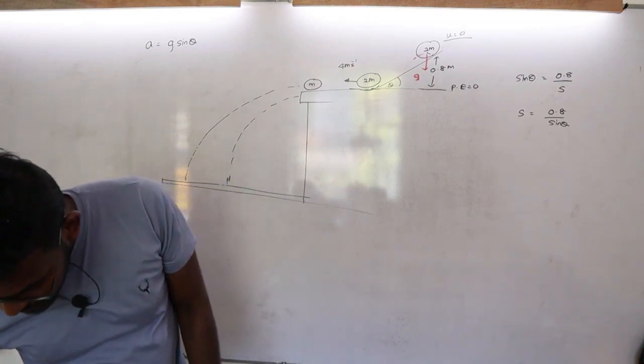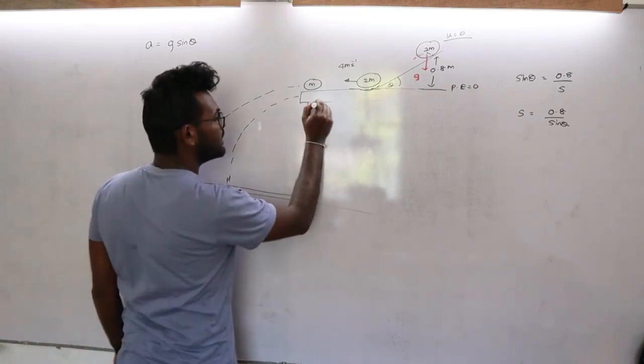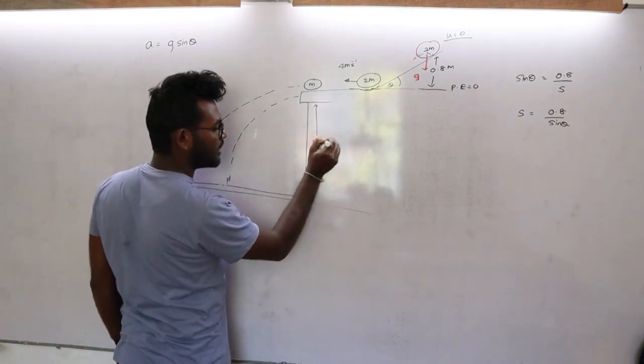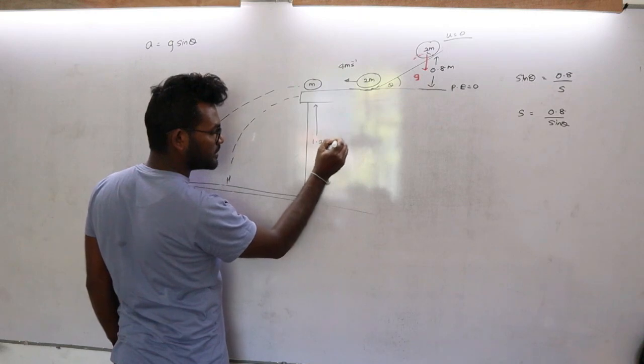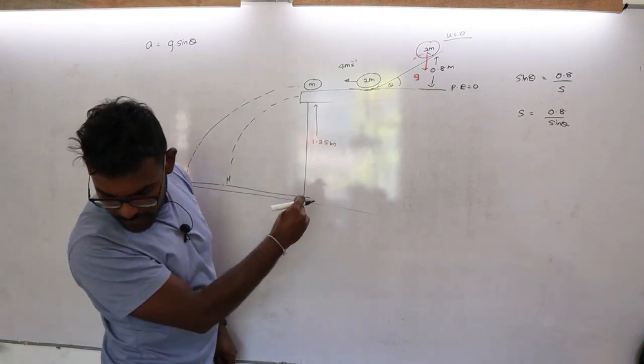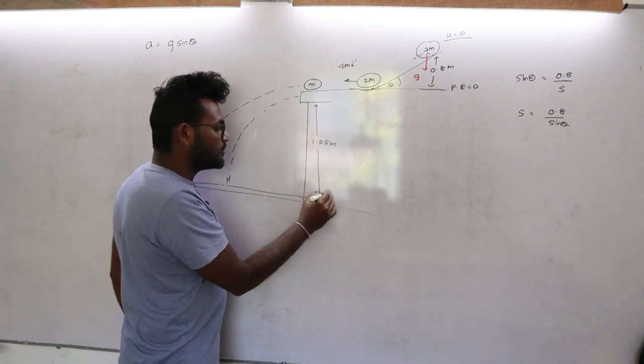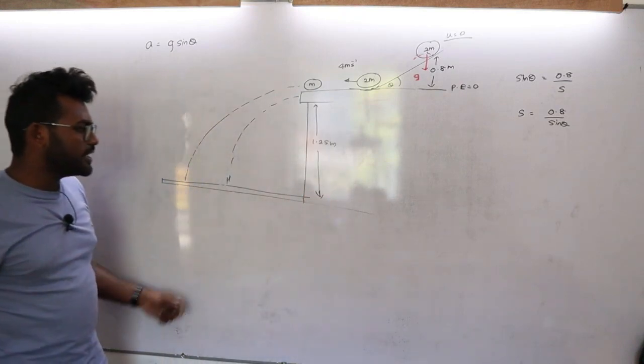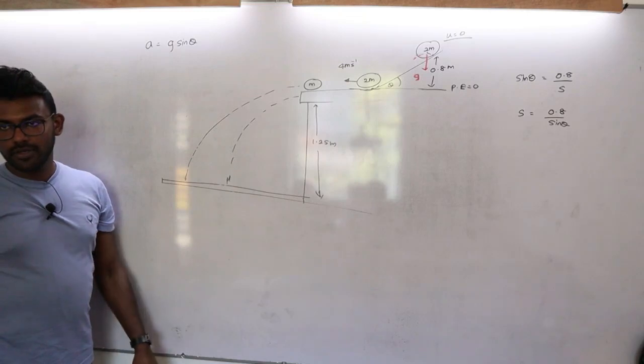So the height between the table and this one is 1.25 meters, and we should find the time taken for both balls to reach the ground.